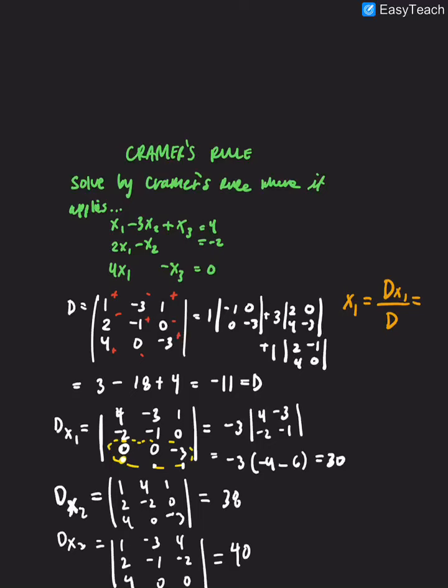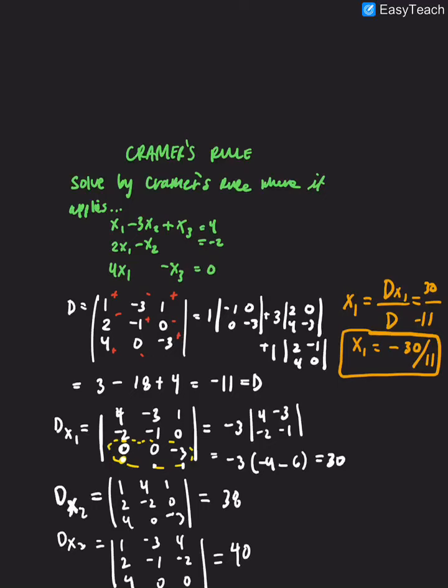So that's going to equal, where are we at? 30 over negative 11. Negative 11. So x1 is equal to negative 30 over 11. So we solved our first variable. Excellent. So happy, so easy.